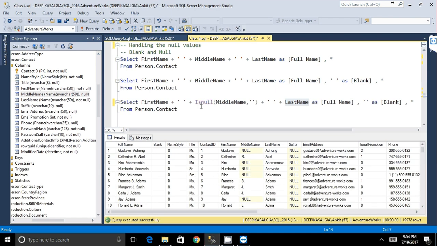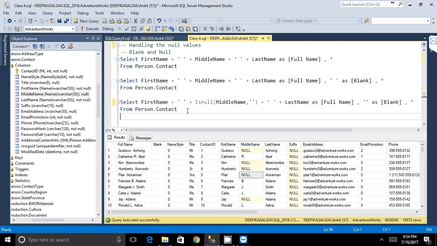But because it says allow null, that's why you have to handle the null values. Now you can ask me, can I make this not null? You can do it, but what if the person doesn't have a middle name? You cannot enforce the middle name as not null, because most people might have a middle name, might not have it. So that should be an optional column. That's why you have the null values in here.